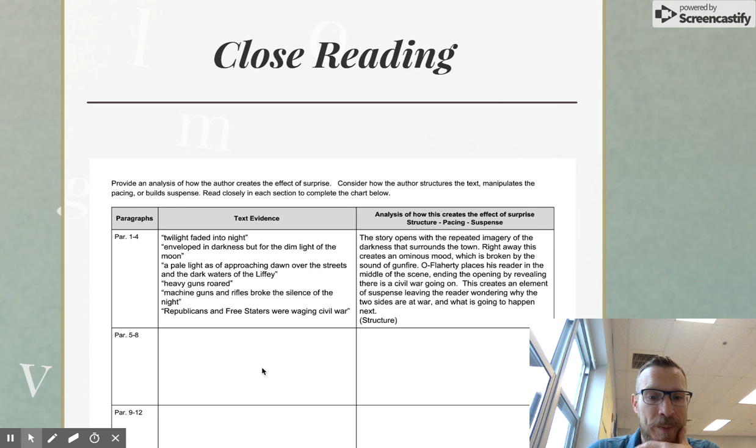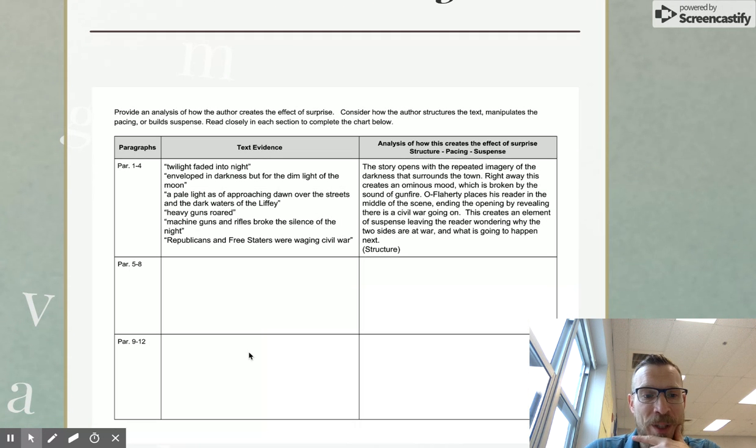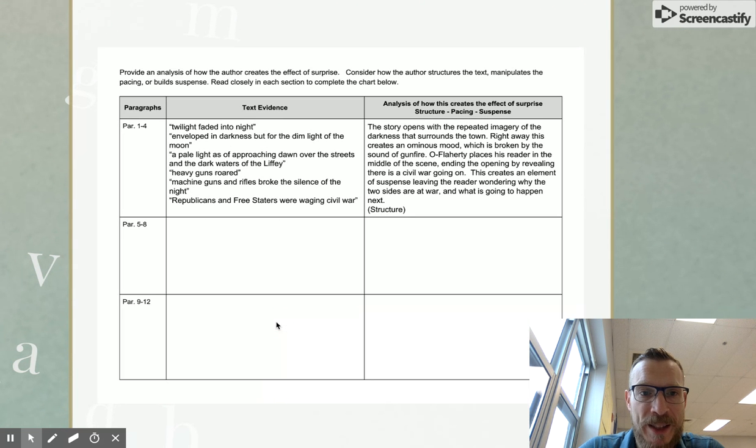All right? So I want you guys to take the time to work through both sides, the rest of the story. I'm fine if you work in partners, okay? And I expect you guys to have something on both sides of the text for each chunk. And again, label it, whether you think it's structure, pacing, or suspense in terms of element of surprise.